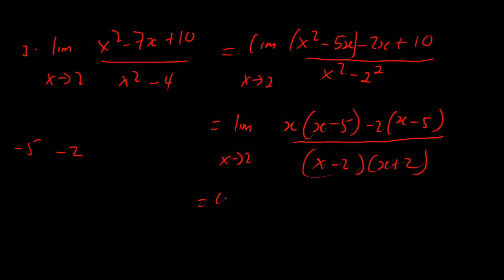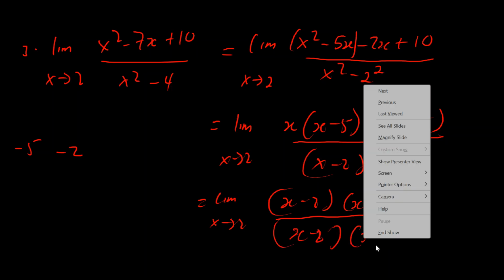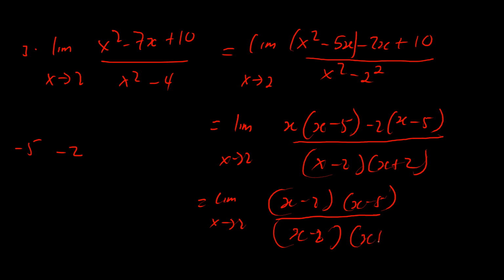This is also equal to the limit as x approaches 2 of x minus 2 times x minus 5 all over x minus 2 times x plus 2.